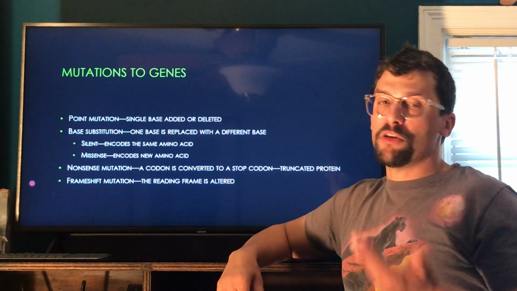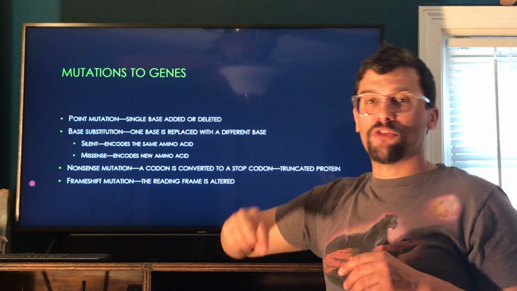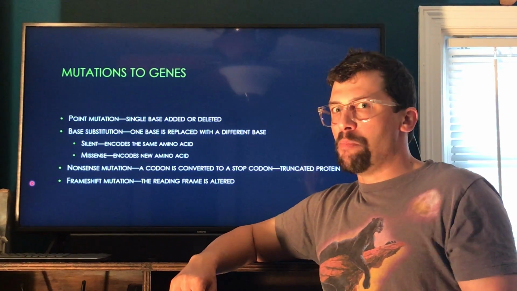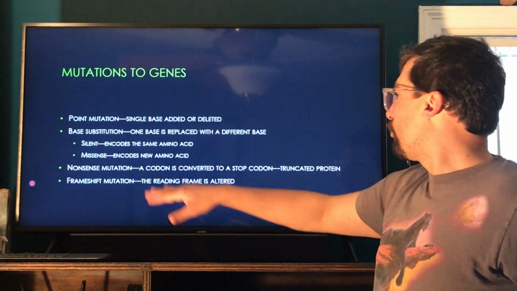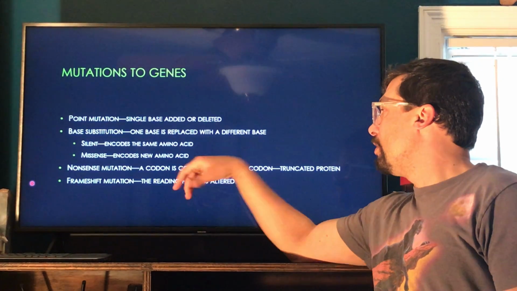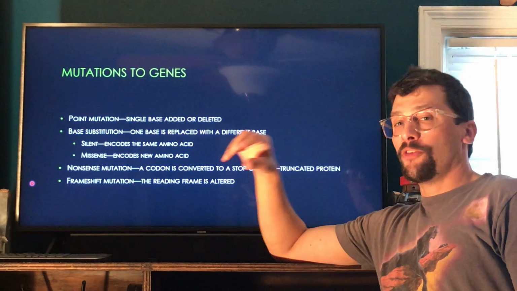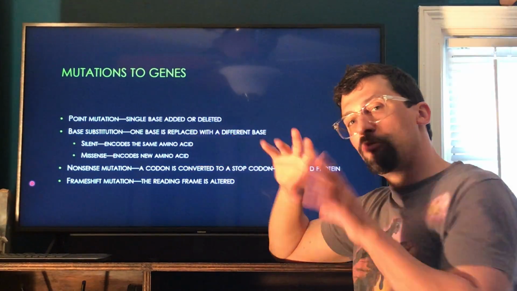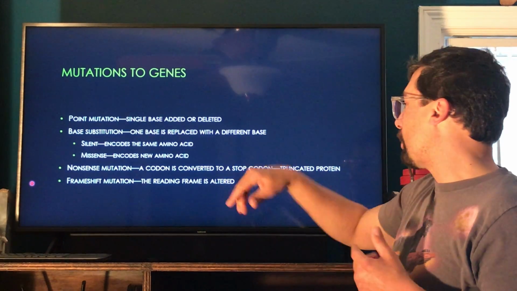There also can be a missense mutation. So now you do a base substitution, but you're getting a new amino acid. That could be a bad thing. There's also a nonsense mutation. This is where you take a codon, and instead of it being a normal codon coding for an actual amino acid, it gets turned into a stop codon.